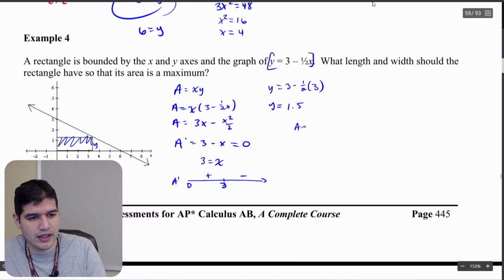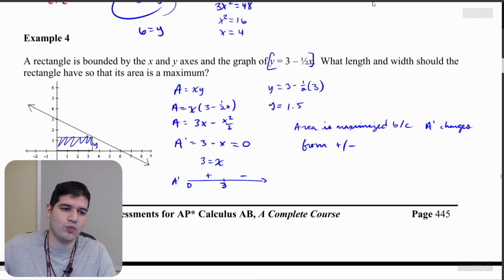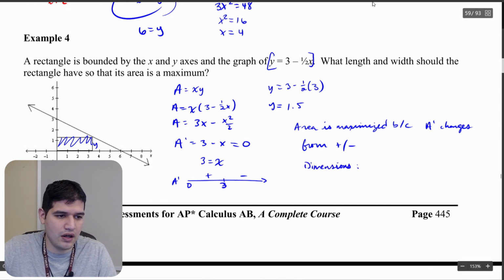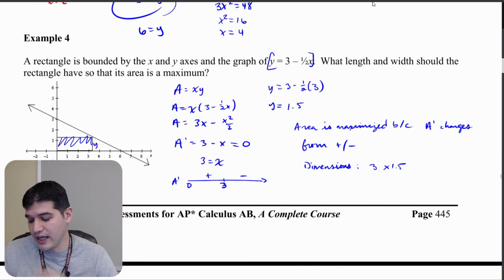So area is maximized because A prime changes from positive to negative. So the length and width should be, we're going to say the dimensions are 3 by 1.5. If this were inches or something, we would have that. So length is going to be 3, the width is going to be 1.5.